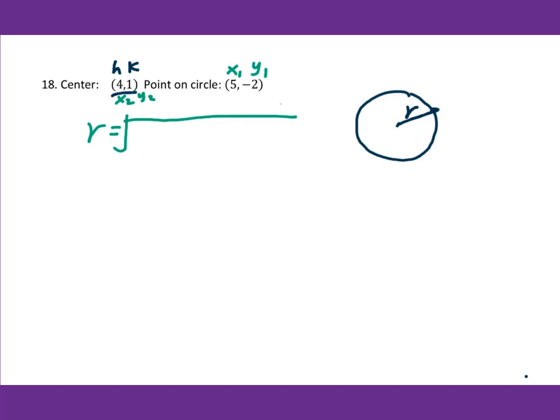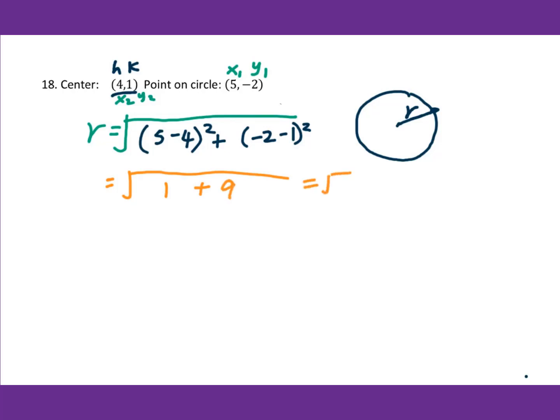You will get 5 minus 4 squared plus negative 2 minus 1 squared. So you will get 1 plus negative 2 minus 1 squared, which is 9. That is square root of 10. Therefore, we can write down the equation x minus 4 squared plus y minus 1 squared equals r squared, means 10.